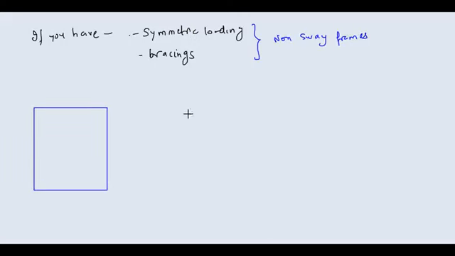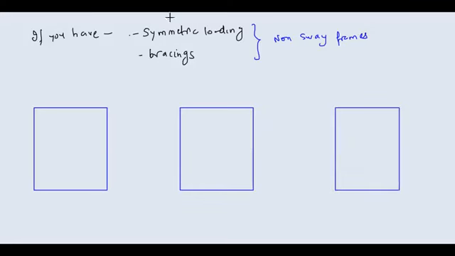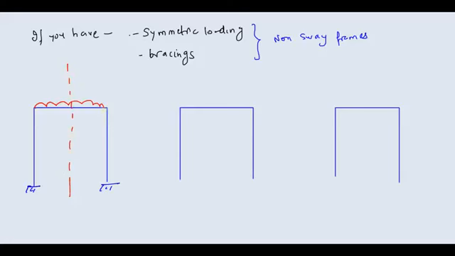For example, you can take as many examples as you want. Suppose in this frame structure you have fixed supports here, and the loading is something like this. This type of structure is symmetric about the center, so it is not going to sway in the horizontal direction.